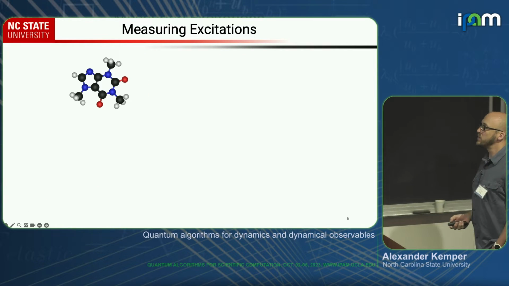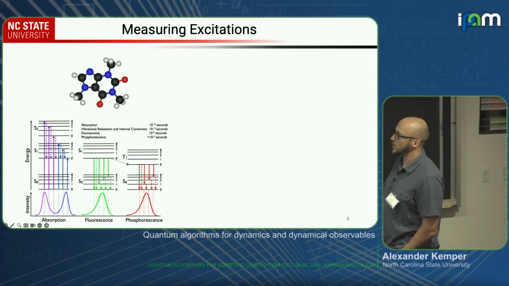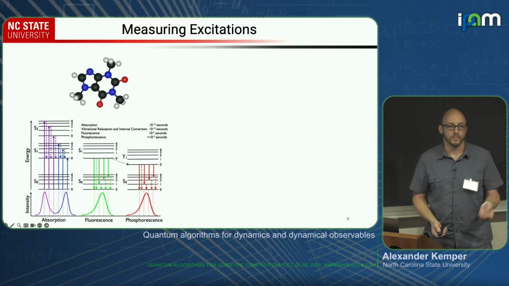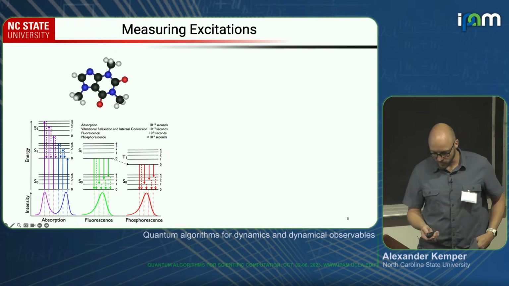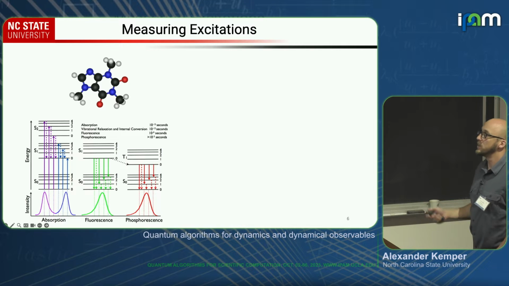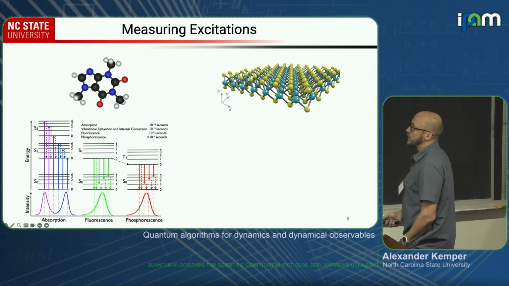Just to give you some examples, here is some chemical molecule. I don't know its name because I'm not a chemist, right? But what you can do is you can measure absorption, you can see fluorescence, phosphorescence, these various other things. And by doing so, you can learn about the dynamics of this molecule, and that's what our experimental colleagues do. This is an example of molybdenum disulfide.